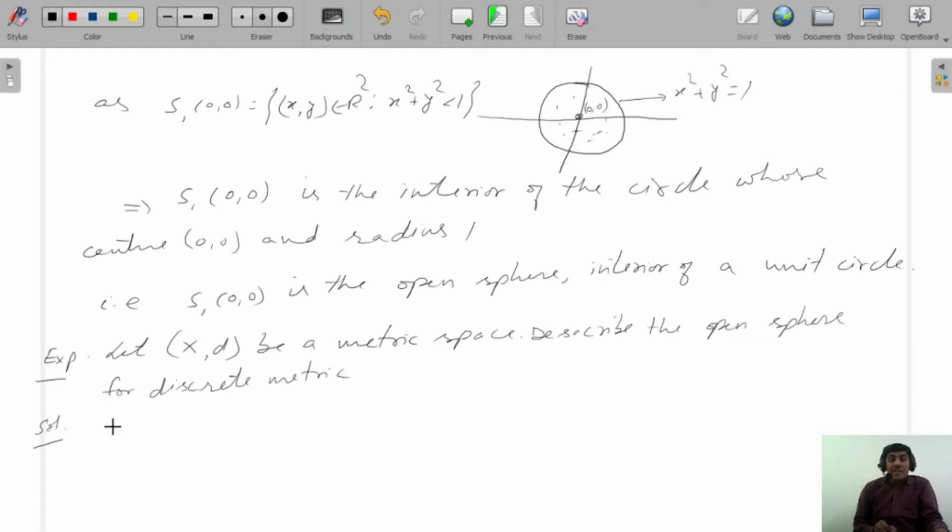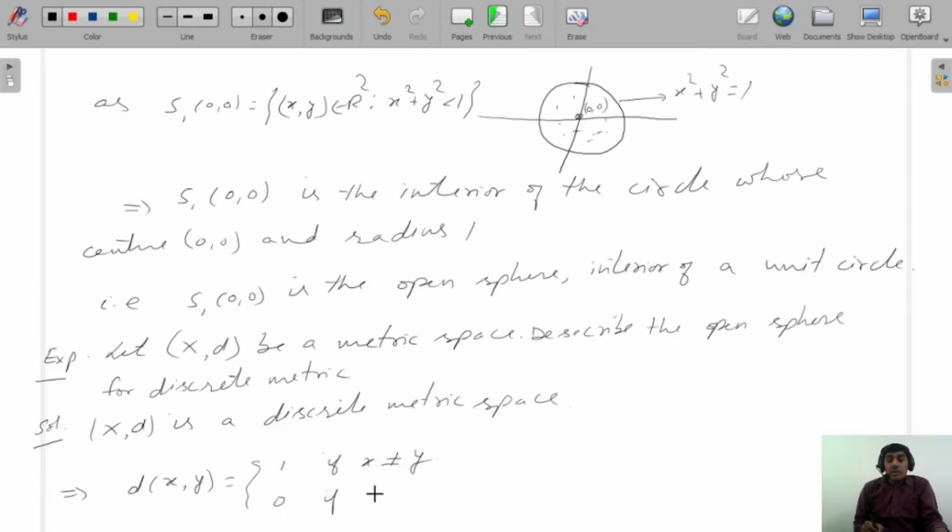It is given that (X, d) is a discrete metric space. This implies d(x, y) is equal to 1 if x does not equal y, and 0 if x is equal to y.